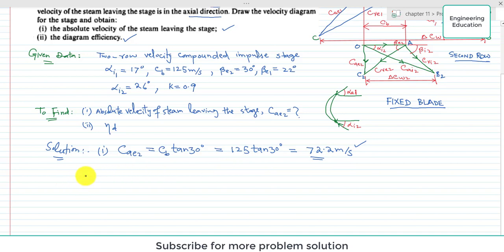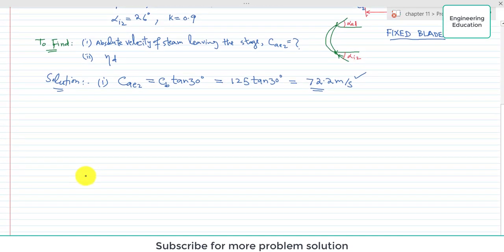Similarly, to find the diagram efficiency, we need some analysis to find other missing things. For example, finding CRE2. So for CRE2 from the triangle, it is equal to CB by cos of 30 degree, again from the second row triangle.